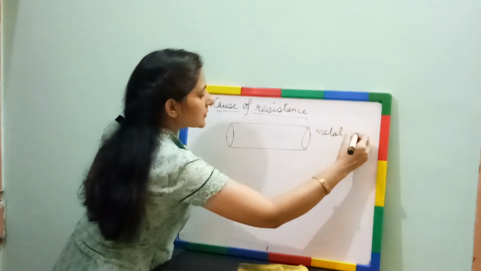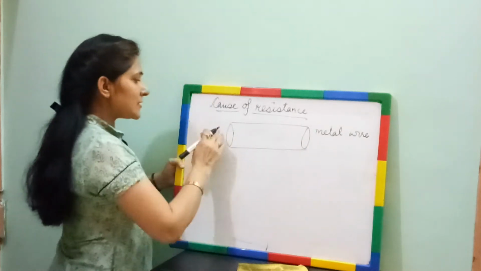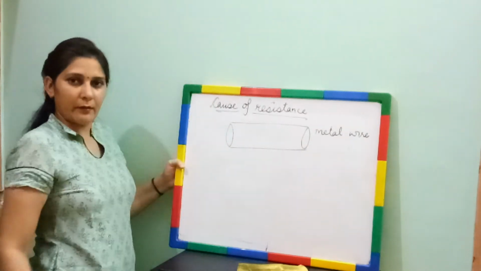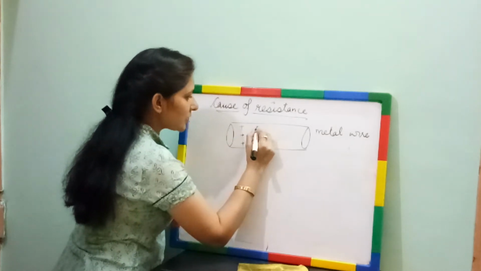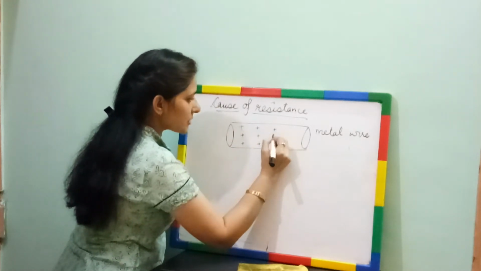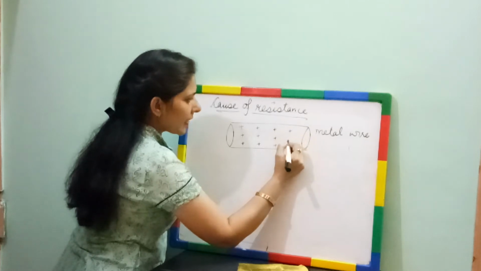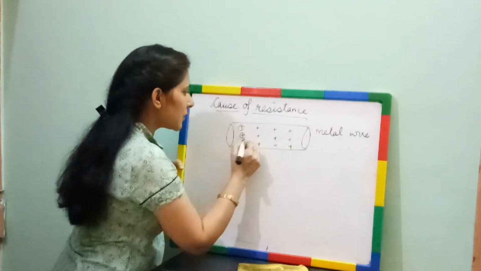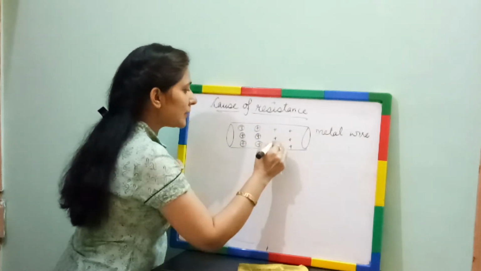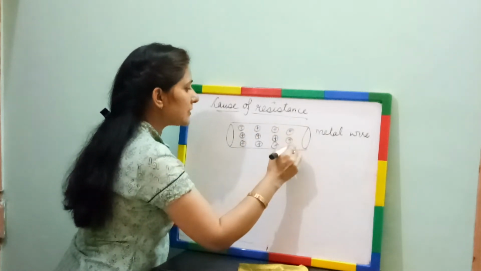It is a conductor. When it is not connected with a cell or battery, what will happen? It contains positive charges, meaning protons, as well as electrons, in approximately the same number. So I am writing this as protons, and with the dots I am going to represent electrons.